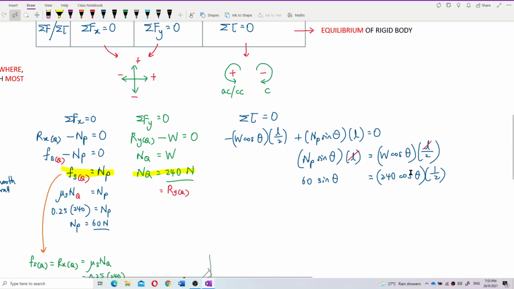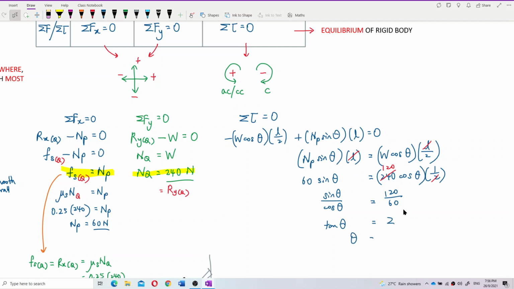Then divide by 2, and this becomes 120. So 120, and cosine theta goes below, becomes sine theta over cosine theta equals 120 over 60. The 60 goes below here. So sine over cos gives tangent theta. Tangent theta equals 2.